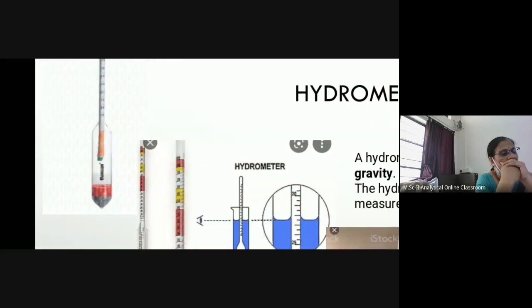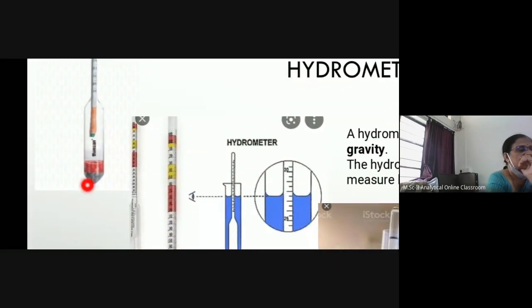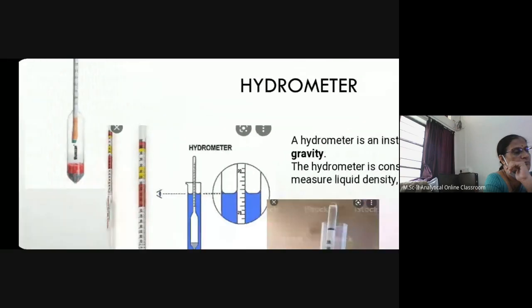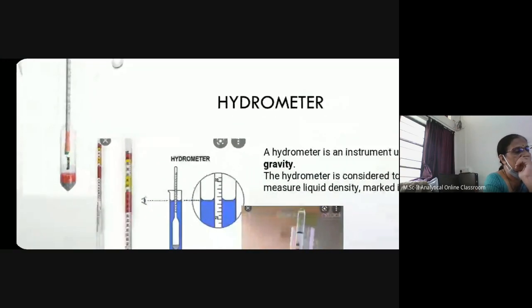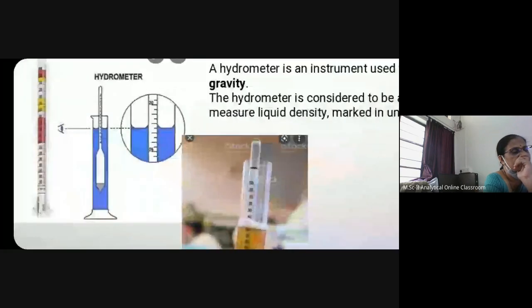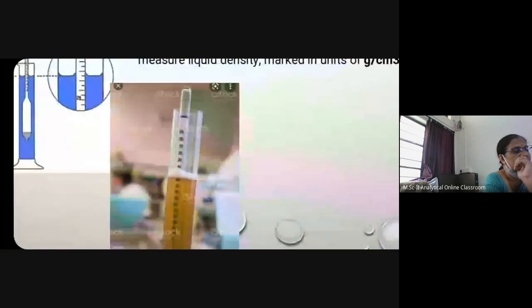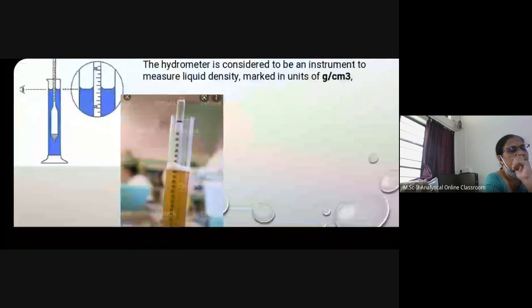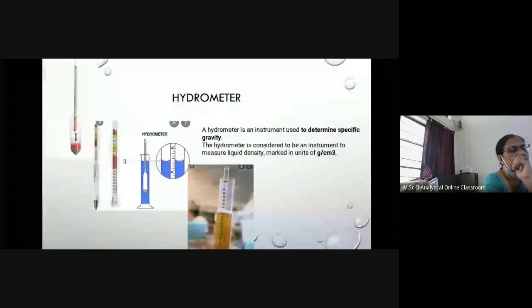At its base, it is lead or mercury sealed with lac. It has different measurement ranges so that we can use it for different chemicals. Here it is shown how it dips into the chemical and we get its accurate reading. Specific gravity helps us to know the proper identity of the chemical, whether it is the same or something else, or whether it has the good quality that we want or not.